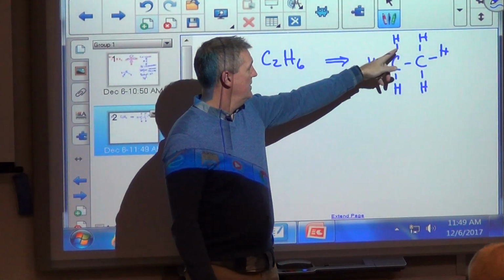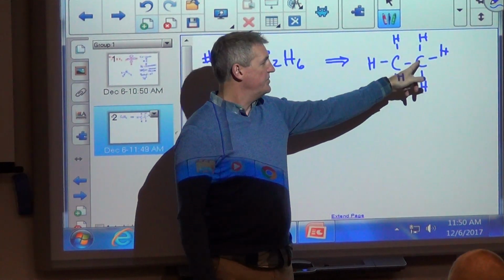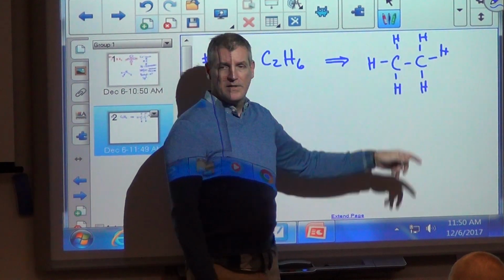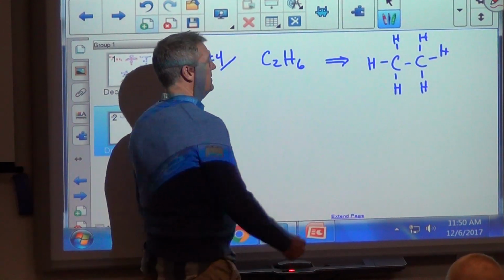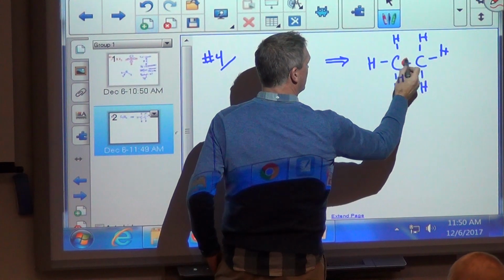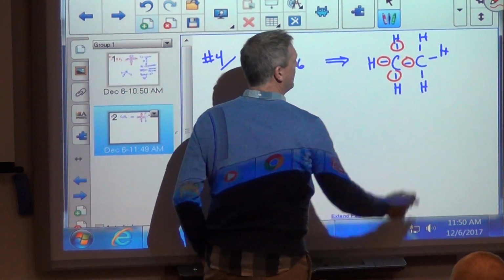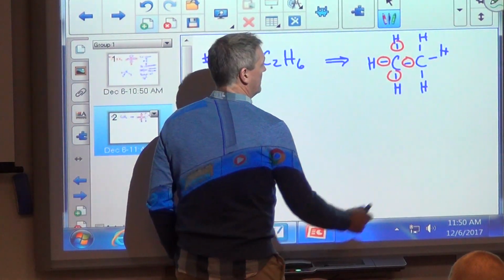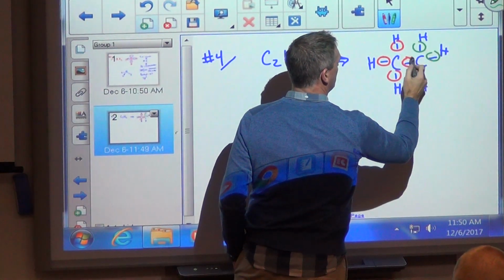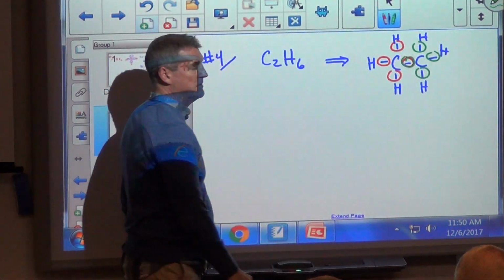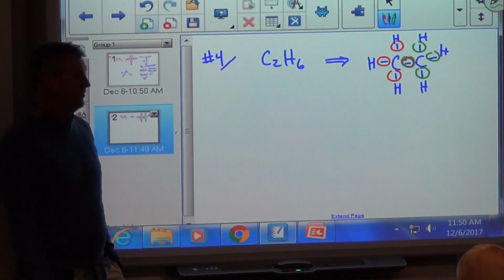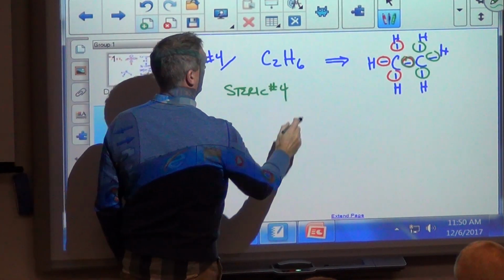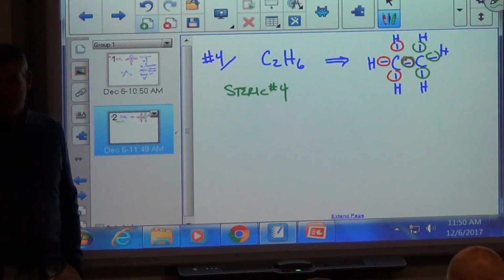We got a carbon with 3 hydrogens and another carbon bonded around it, or the other carbon that's got 3 hydrogens and a carbon bonded around it. So if we treat this as our central atom, we've got 1, 2, 3, 4 electron clouds. So our steric number is going to be 4.